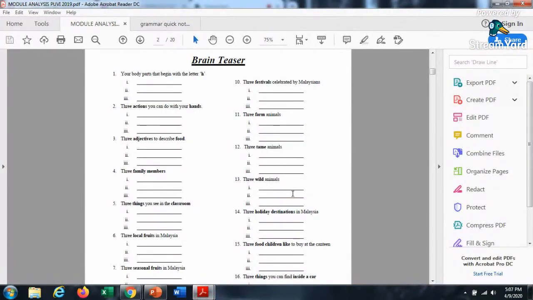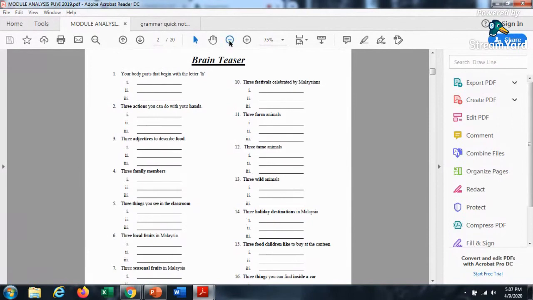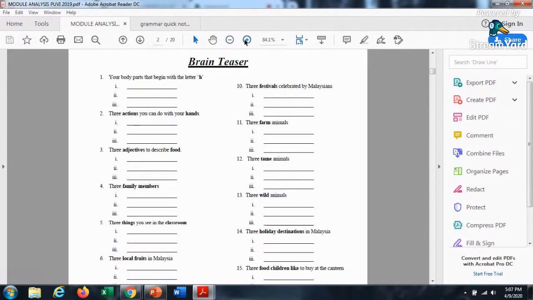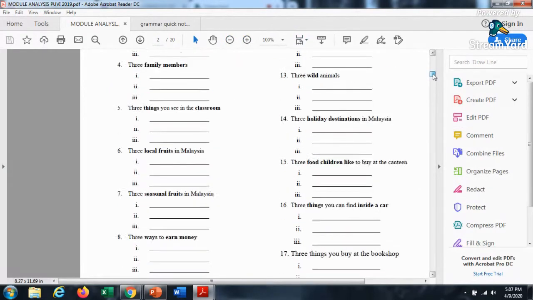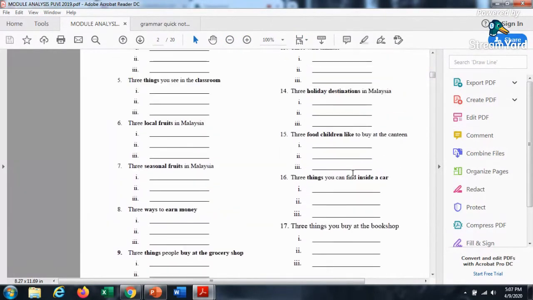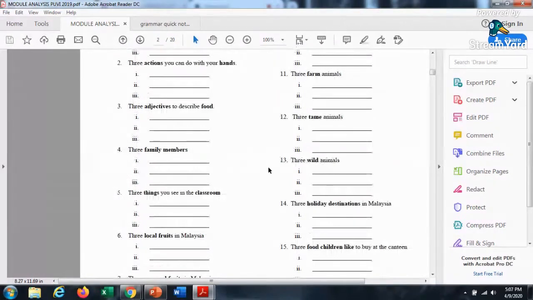So this is what my friends and I did. We would give them questions like 3 seasonal fruits in Malaysia, 3 local fruits in Malaysia. It's fine to give them to the kids, and you can go through them later, so at least they know the terms. 3 farm animals, 3 tame animals, 3 wild animals.